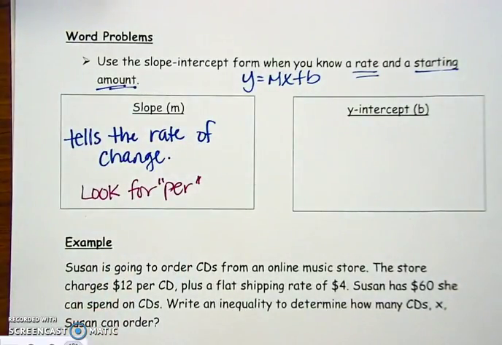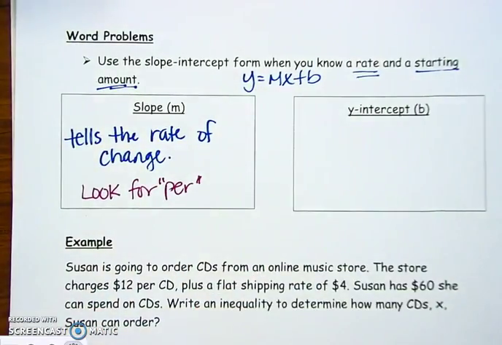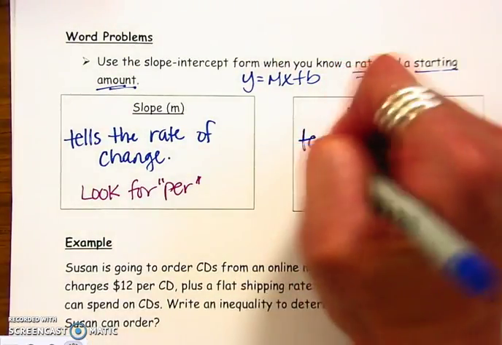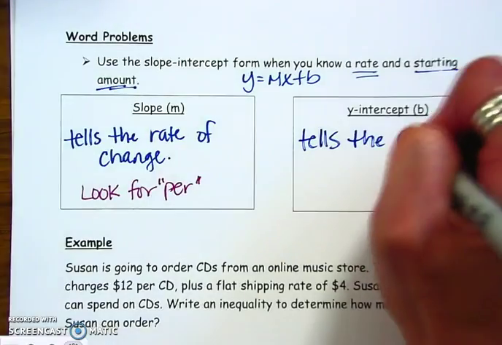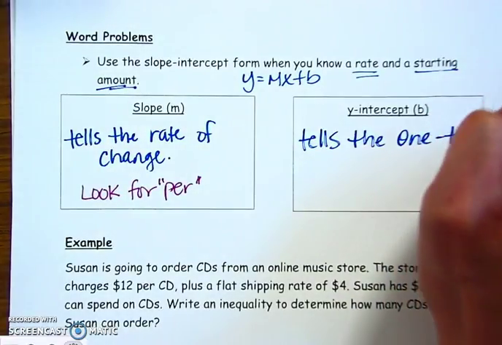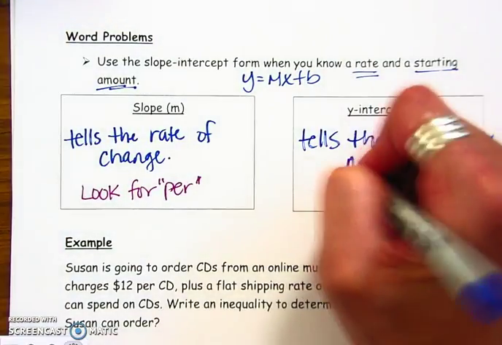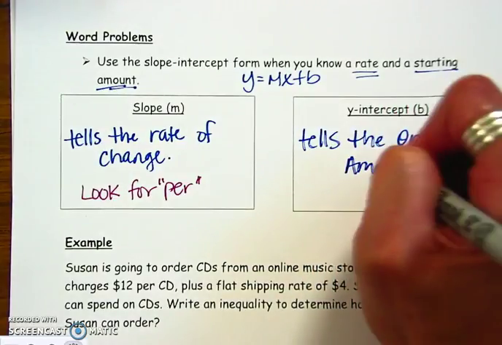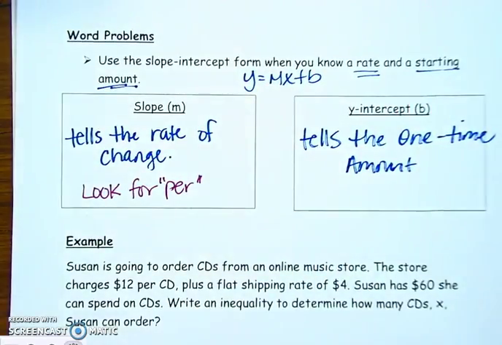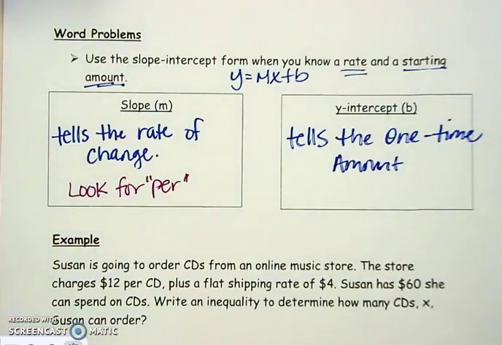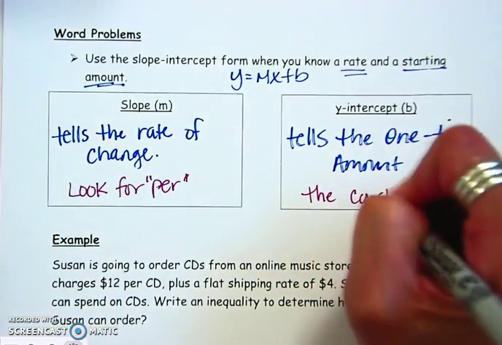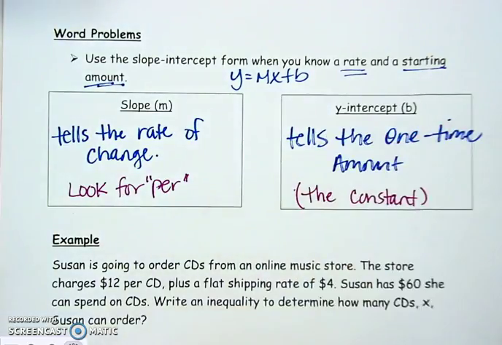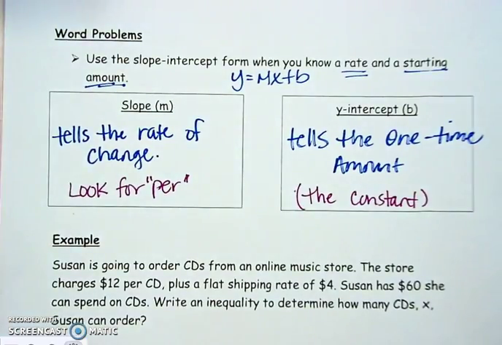For our y-intercept, or our b, we know that it tells us that one-time amount. And we know this is our constant. It's that fixed amount, the amount that does not change.